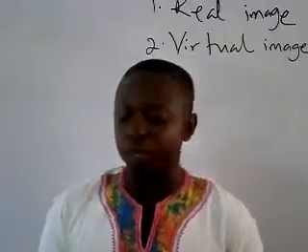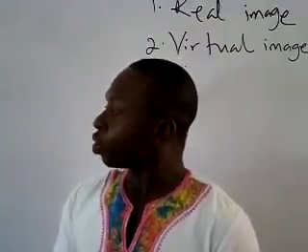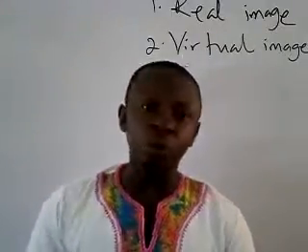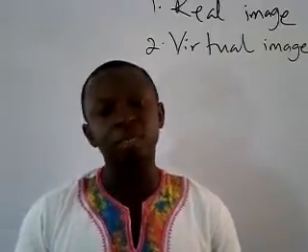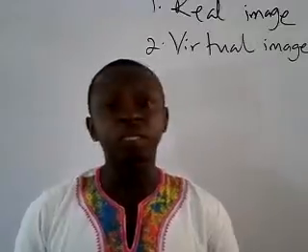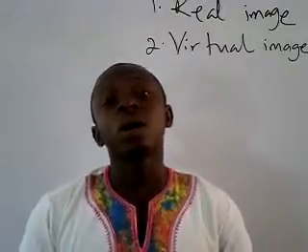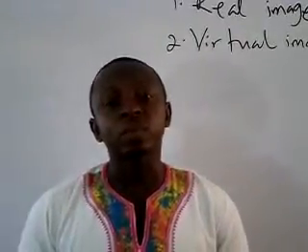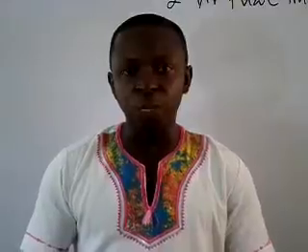Then we can also say that the image is on the same normal to the mirror as the object. What it means is that if we draw a perpendicular line to the mirror from the object, it is also going to pass through the image. So these are characteristics of an image formed by a plane mirror.